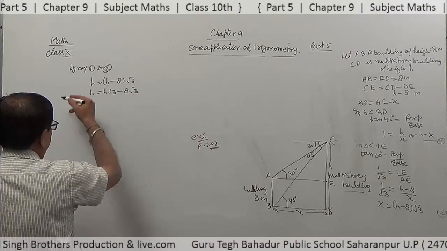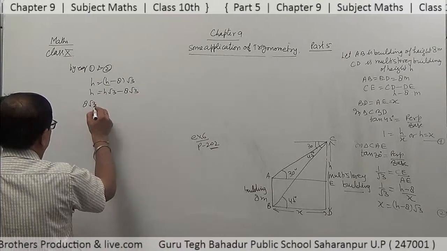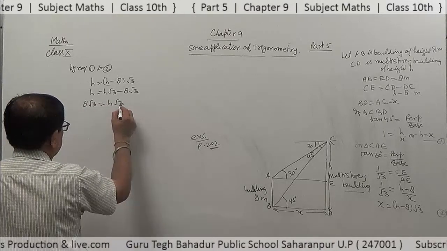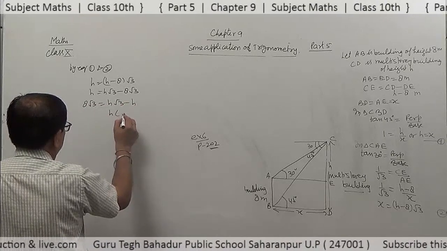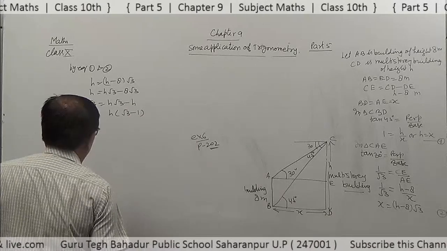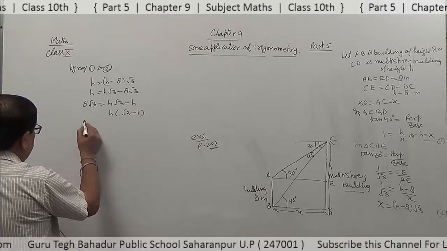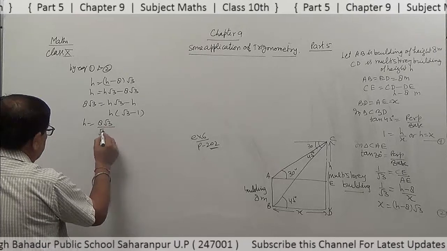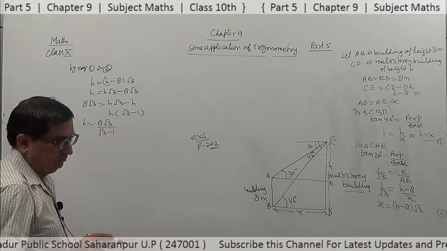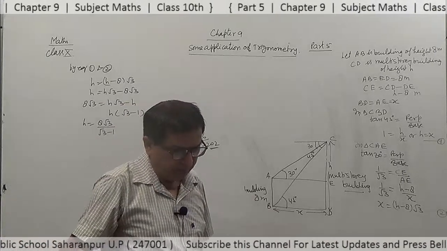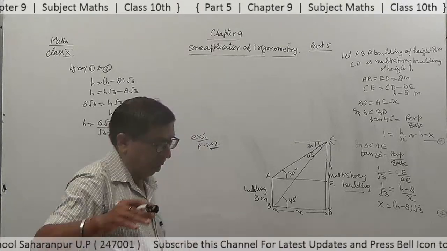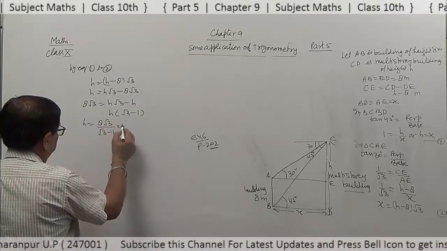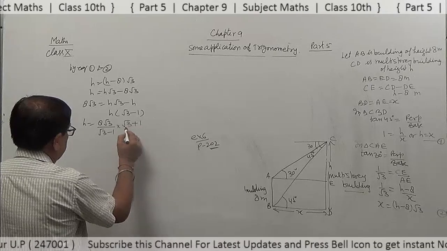Taking h to the right side and 8 root 3 to the left side, taking h common, h is equal to 8 root 3 upon root 3 minus 1. Multiply with its conjugate, root 3 plus 1.